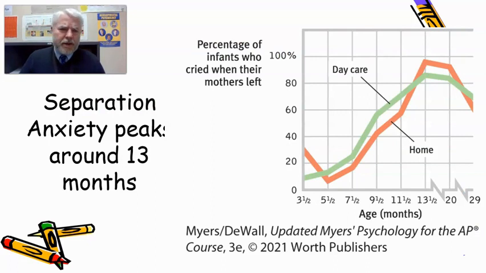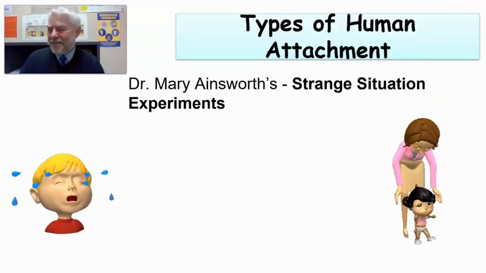You can see the data here on the right about the percentage of infants who cried when their primary caregiver, in this case mothers, left. And then you can see that it tends to start to diminish after 13 months. So as a babysitter, when the call comes to come babysit that 12 or 13-month-old, you may want to think twice.